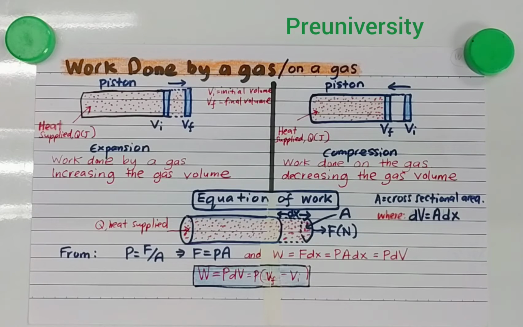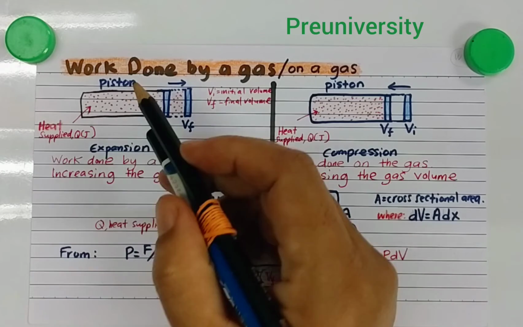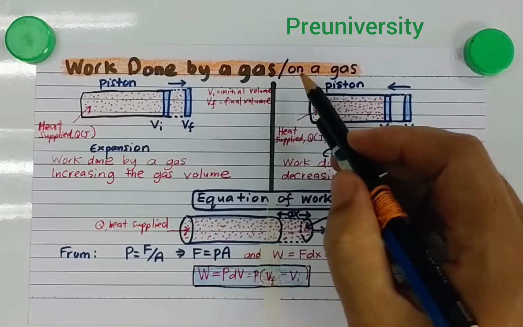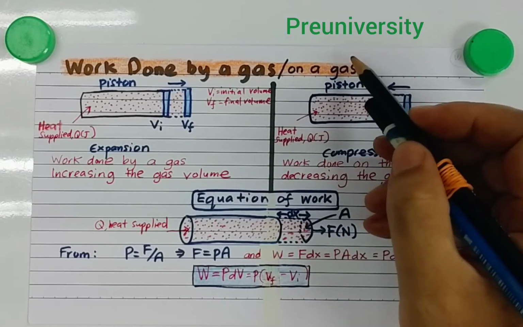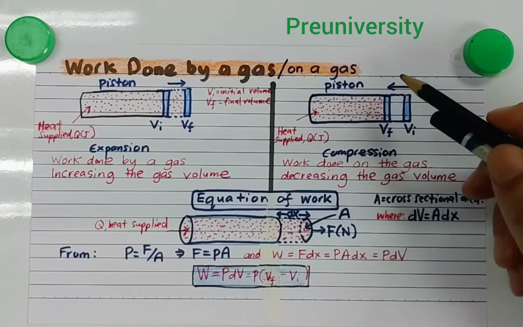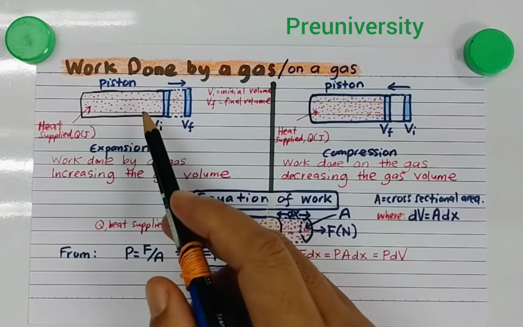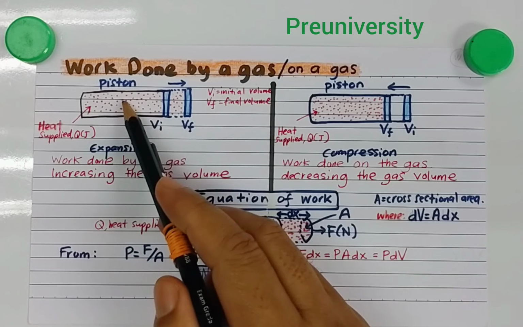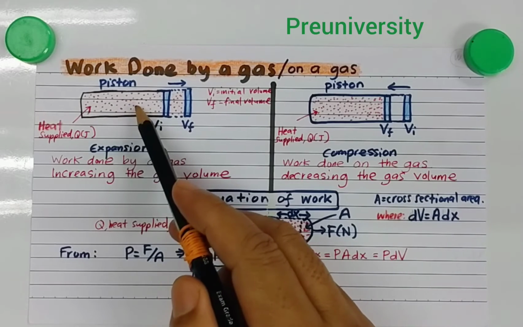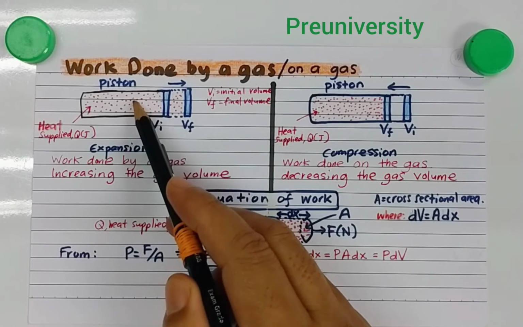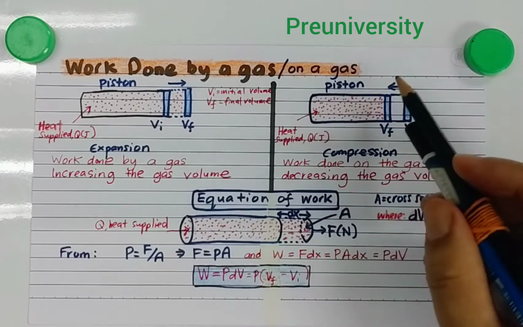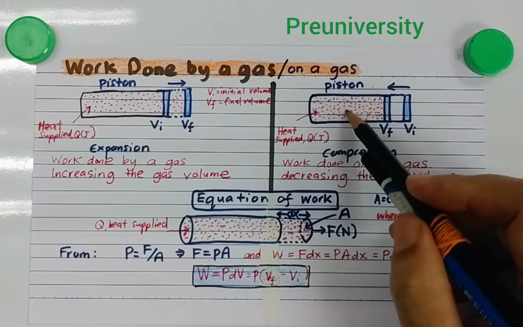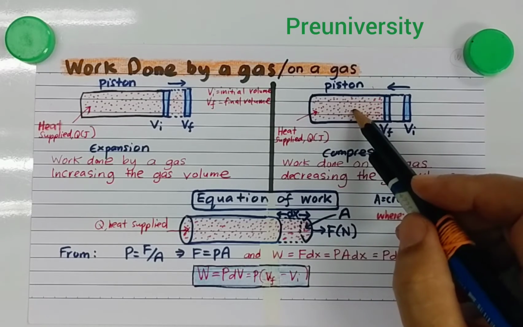So today we need to understand the work done by a gas or on a gas. Okay, so we refer to the diagram here. This one is a piston and then contain the dots as molecules of gas.